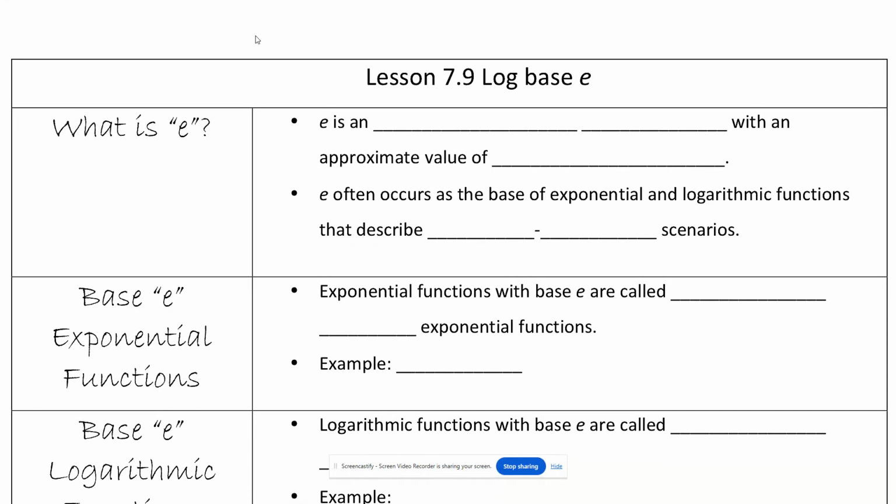But anyways, you just watched a quick video over the basics of what e is. So with that in mind, we're going to learn a little bit about this. I've mentioned this before when we started logarithms, and I talked about that button on the front of your calculator, LOG, and how base 10 was used so often in science and in numbers and math that they went ahead and dedicated a special button to anything that's base 10.